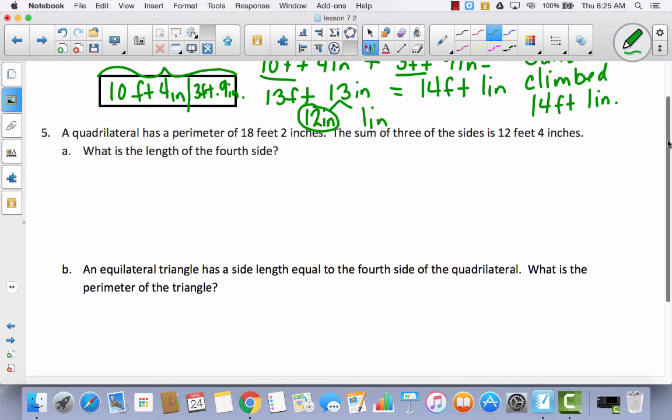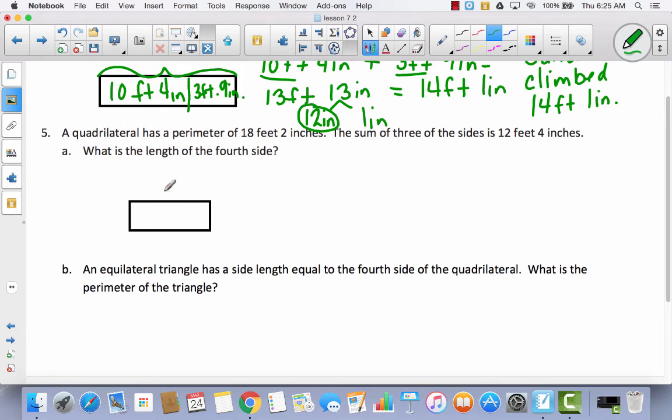All right, a quadrilateral has a perimeter of 18 feet, 2 inches. The sum of 3 of the sides is 12 feet, 4 inches. What is the length of the 4th side? All right, so what do we know about quadrilaterals? Well, we know that quadrilaterals have how many sides? They have 4. So instead of drawing a tape diagram, I'm actually going to pretend that this is my quadrilateral, okay? And what do I know?